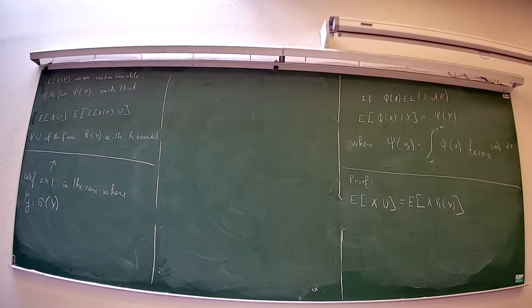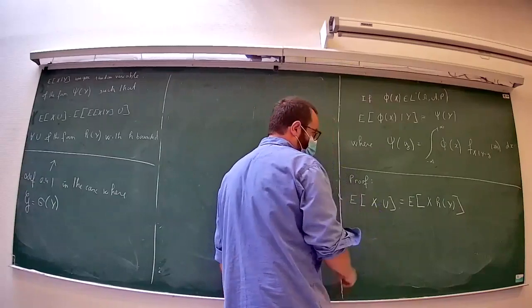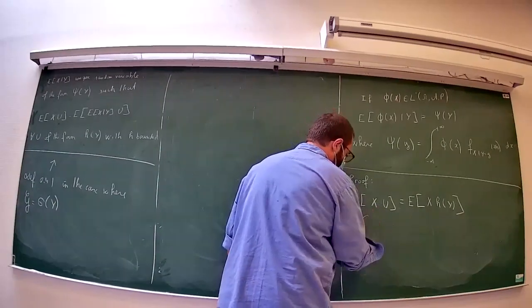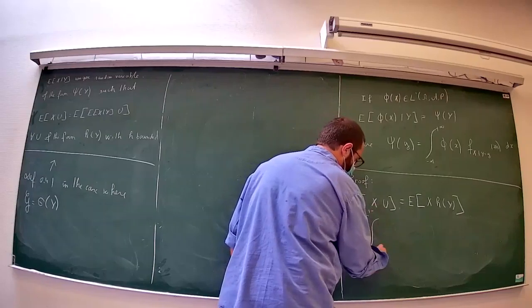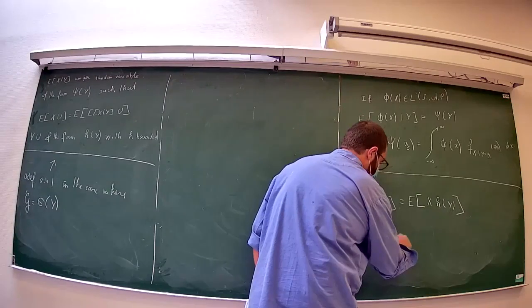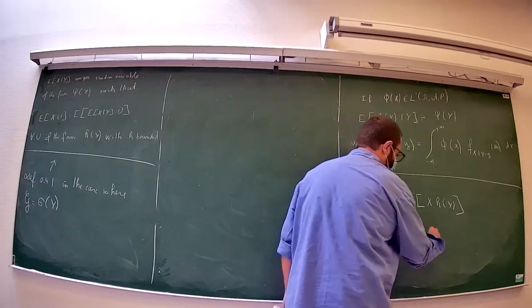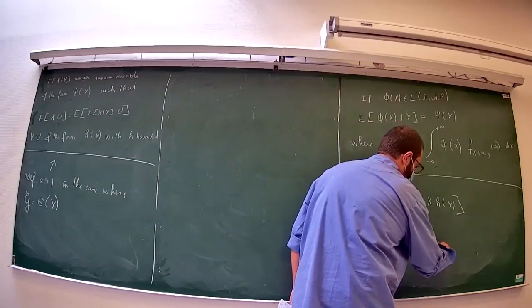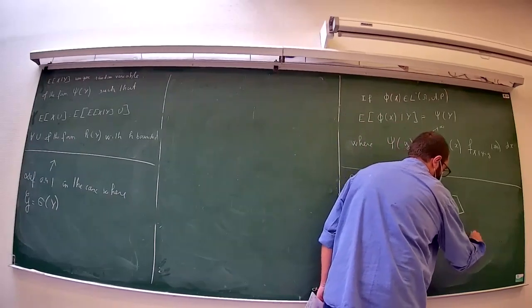It's an expectation of a function of capital X and capital Y. So I can write it as a double integral of x, h of y, f xy, dx dy.